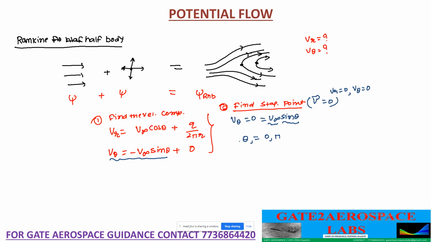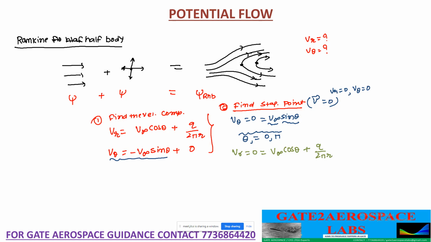Now, this is the condition, we have got the theta value if we want V theta equal to 0. Similarly, if Vr is equal to 0, then what will happen? Vr equal to 0 means 0 will be equal to V infinity cos theta plus Q by 2 pi r.